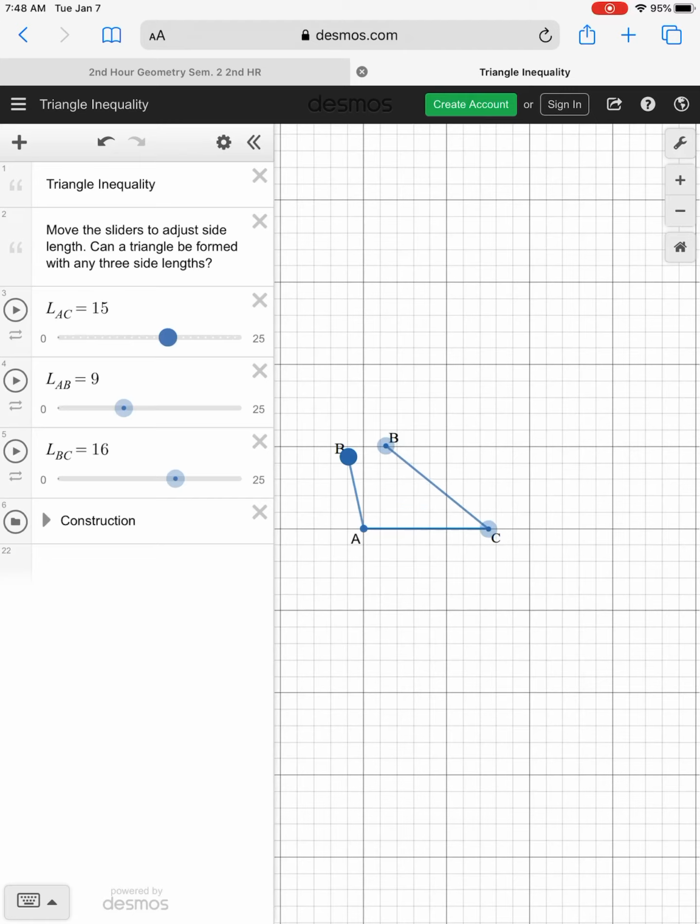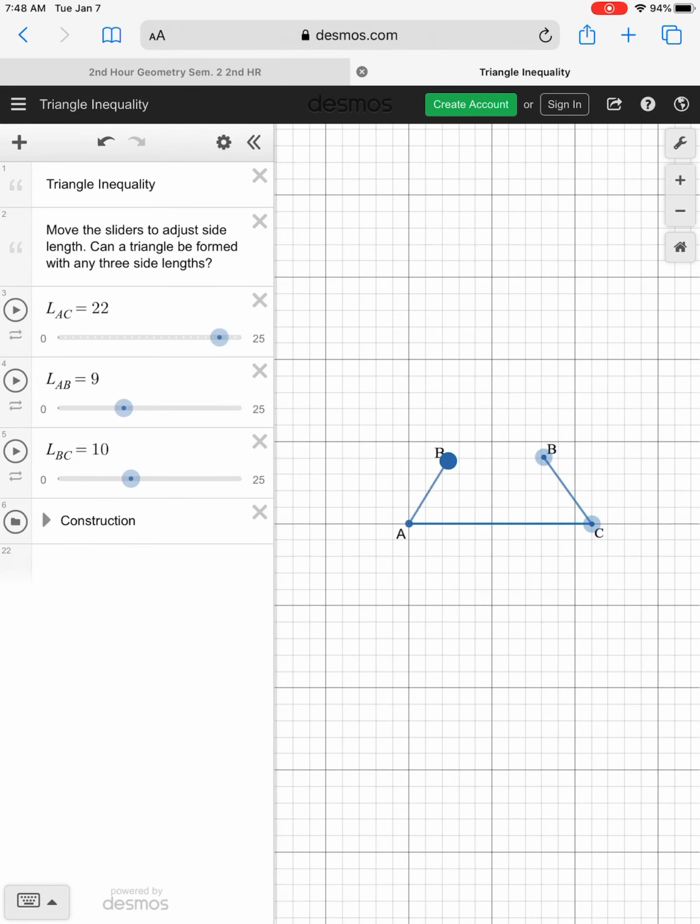With this triangle sum theorem, or triangle length rule, if the lengths of the two smaller sides added together are smaller than the biggest side, notice that if I try to connect these two sides, they would not combine, because when I add 9 plus 10, it doesn't equal 22, it's smaller.